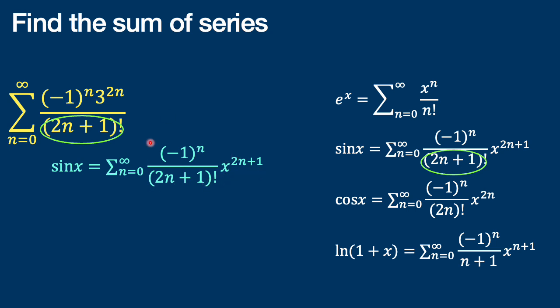Now, the second part is the numerator, negative 1 to the n, 3 to the 2n. The power of x is 2n plus 1, but here it is 2n. So you have to do something algebraically. You need the power 2n plus 1.